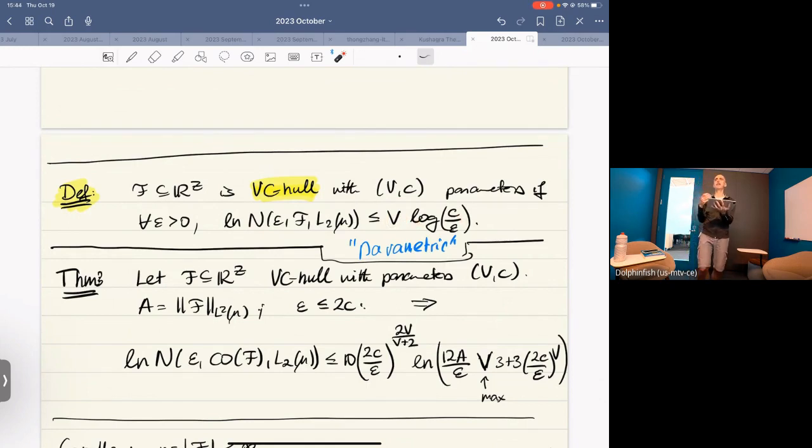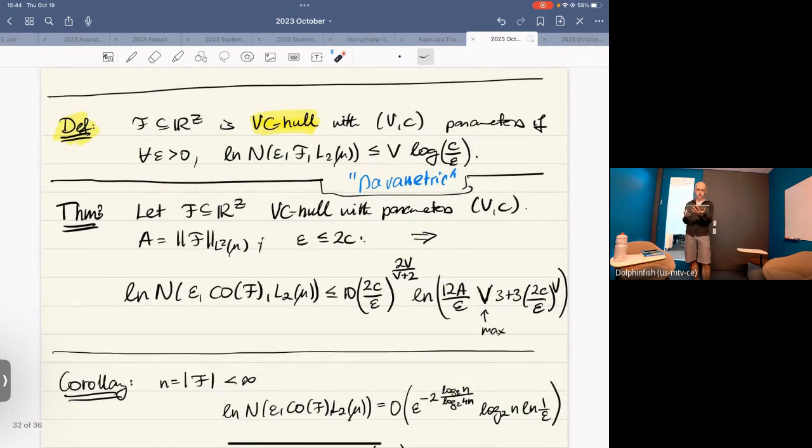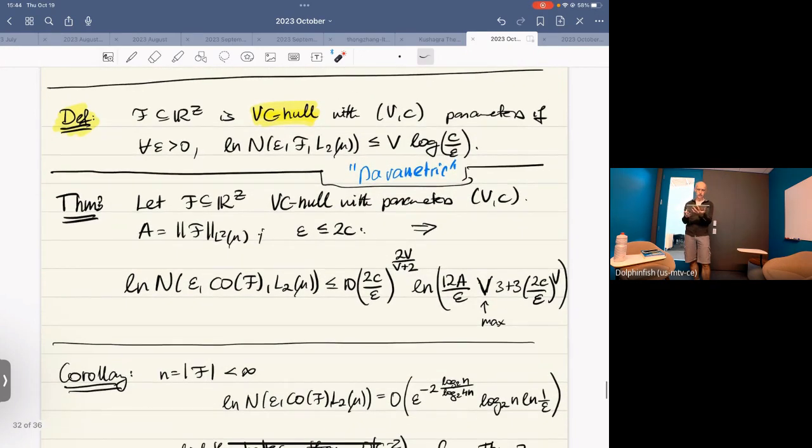If you have a class like that, then it's called a VCH class. And that's sort of like a parametric class, because after you take the log, the metric entropy depends logarithmically on 1 over epsilon, not polynomially on 1 over epsilon. That's the distinction between parametric classes, for which you're going to get better rates, and non-parametric classes, for which you get worse rates.